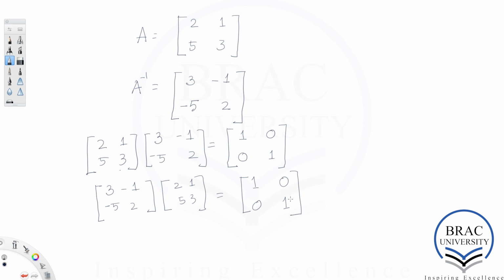Now let us quickly check the fact that an inverse is unique if it exists at all. Okay, let me erase everything and check very quickly the uniqueness of the inverse if it exists.